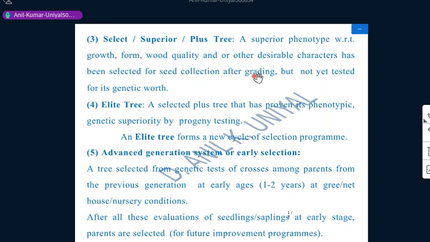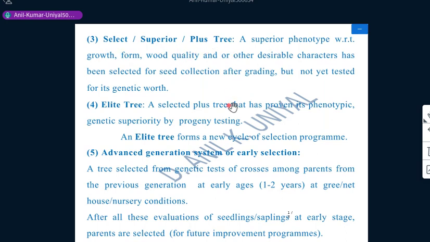How many trees are you going to select? Those may be 20, those may be 30 also. It means we have to grade or measure all 150 candidate trees, and among those only 15 trees are selected after grading. Those 15 trees will be known as select tree or superior tree or plus tree. Plus means those have all these desirable characters.